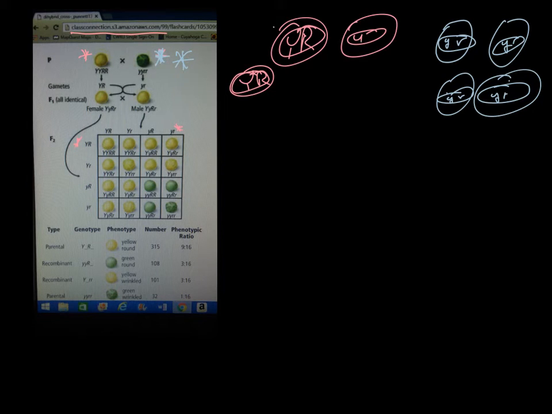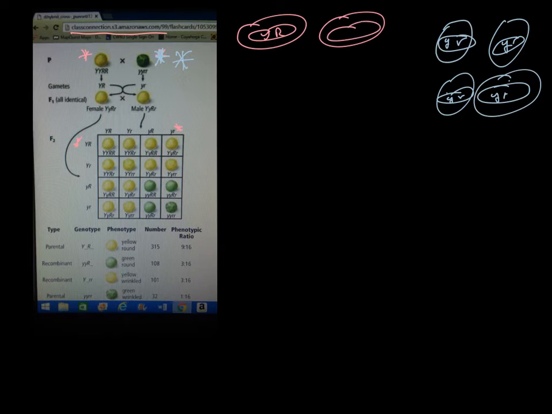And the same thing goes with the other parent that has big Y, big R on its chromosomes, right? All of their gametes have big Y, big R. They can all give one big Y, one big R. That's all these cells can give. And the reason it's the only thing they can give is because they're all purebreds at this stage.